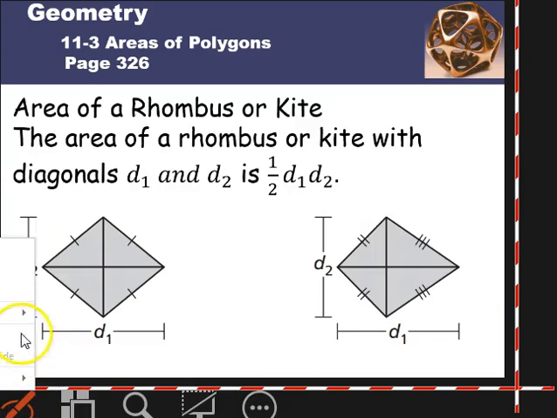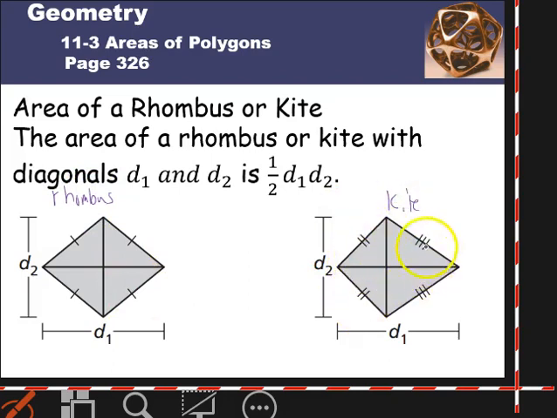Okay, so this one is the area of a rhombus or a kite, and it doesn't matter. The formula is the area is 1/2 times diagonal 1 times diagonal 2. So this is a rhombus because all 4 sides are equal, and this is a kite because adjacent sides are equal.